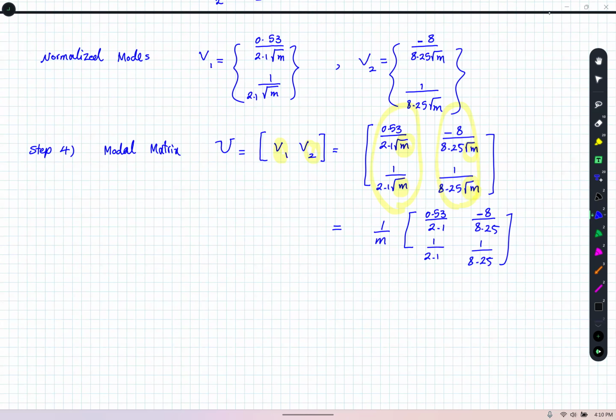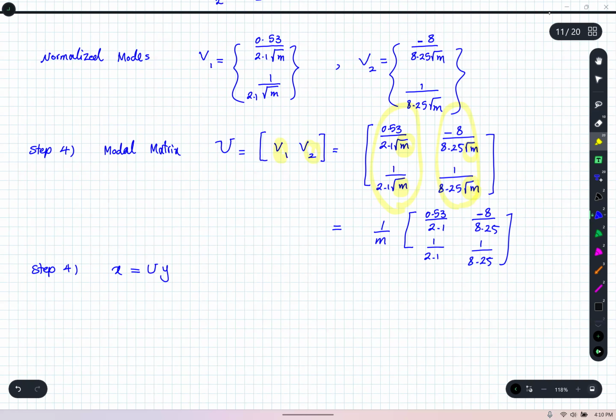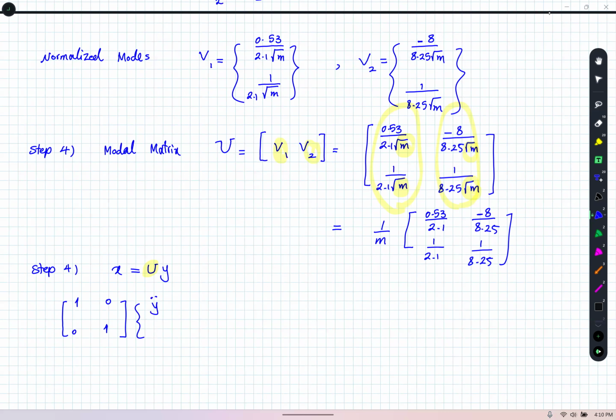And we learned during the course that if I use this matrix and transform my equation, meaning I go from vector u to vector y, so u is the modal matrix, then I'm going to end up with equations looking like this: an identity matrix, y double dot 1, y double dot 2, and here lambda 1, lambda 2, 0, 0.